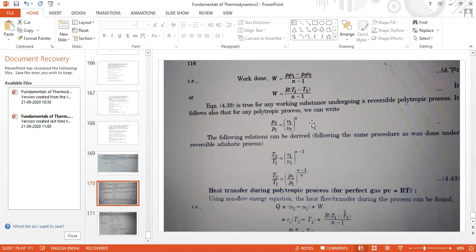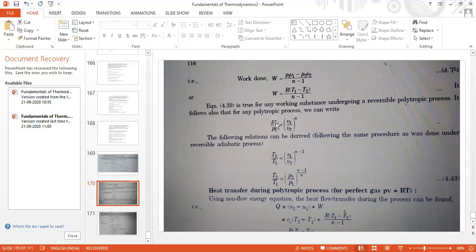On the process 1 to 2, or on two state points 1 and 2, if this equation is applied, we can write P1 V1^n equal to P2 V2^n. From that we wrote P2 by P1 equal to (V1 by V2)^n. Or if you want P1 by P2, you could write (V2 by V1)^n.